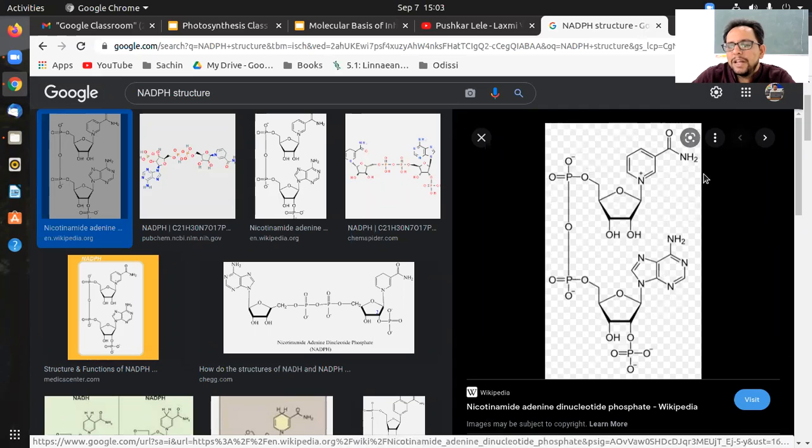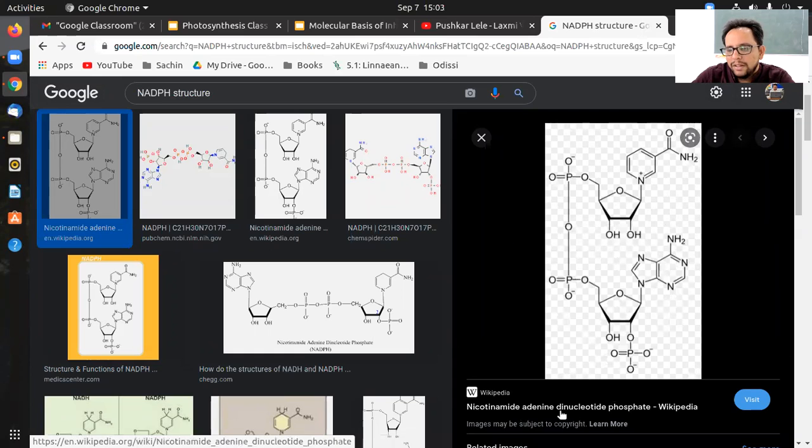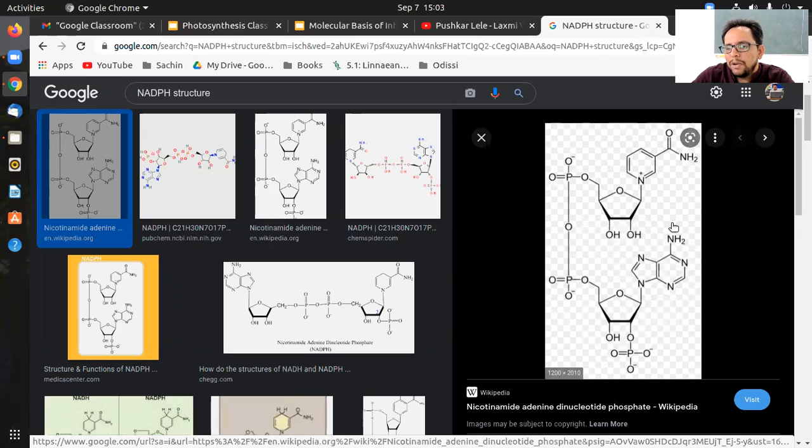Now this is specifically called a dinucleotide because this is one nucleotide, and this above is another nucleotide. So that is nicotinamide, adenine, dinucleotide, phosphate. They are bound by the phosphoester linkage.